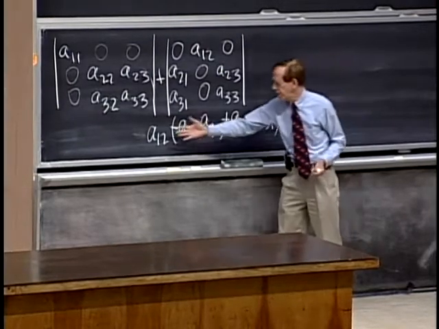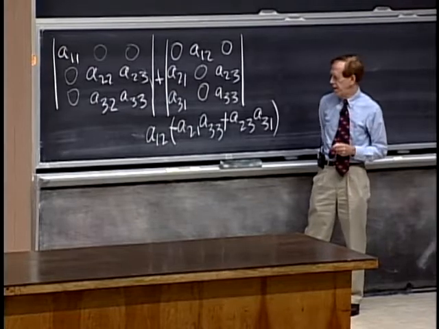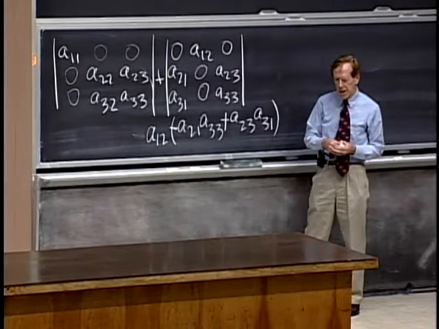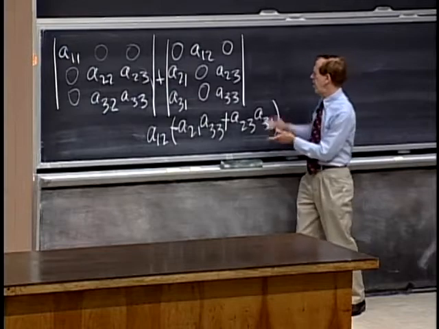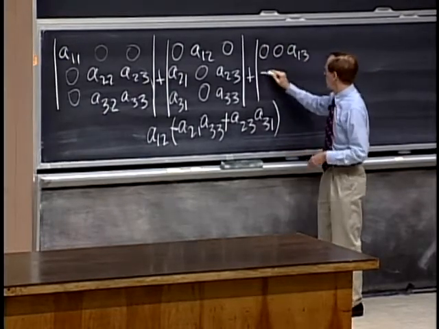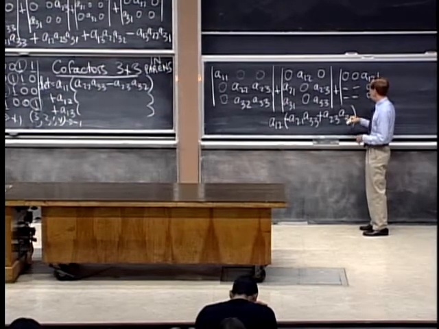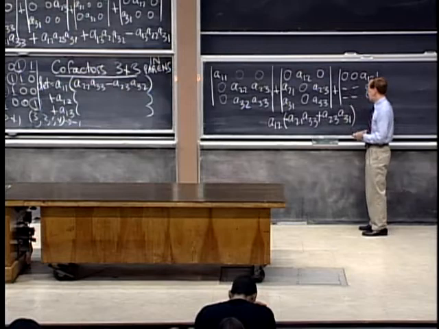The factor is A12. The cofactor is the stuff in parentheses. So it's got the minus sign built in. And if I went on to the third guy, there would be this and this, this and this, and it would take its determinant. It would come out plus the determinant.